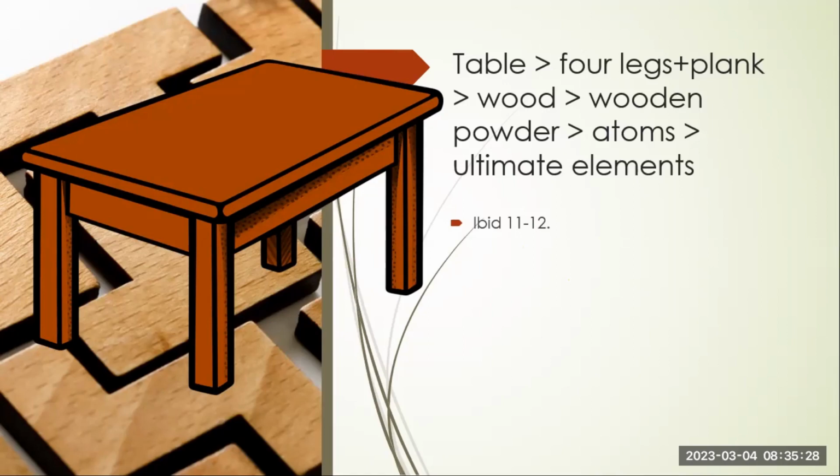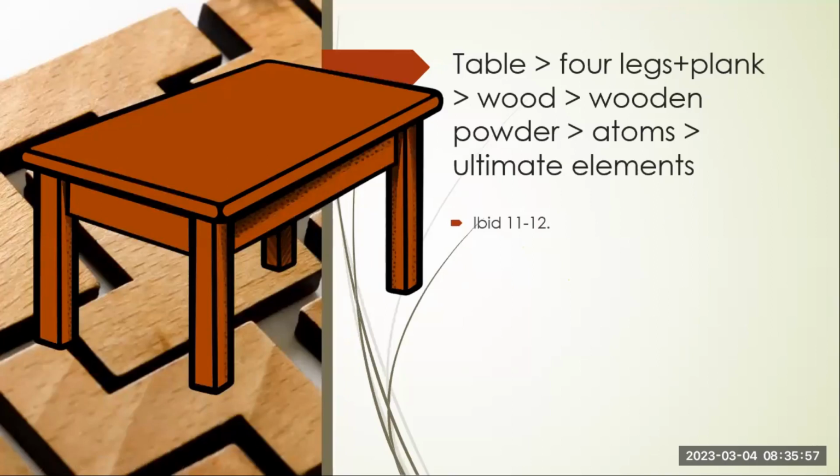Those final elements, ultimate elements, are called paramattha. Let's explain again. We just call this picture a table. When we classify it into four legs and wooden planks.